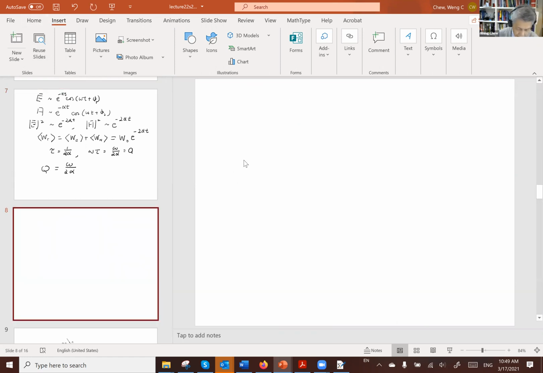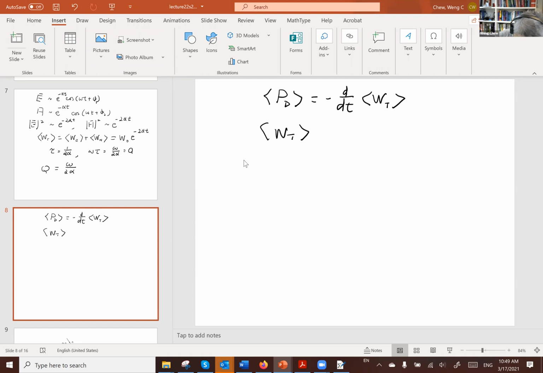You can also use an energy conservation argument to derive this kind of formula. By energy conservation, the time average power dissipated must be equal to the rate of change of the time average energy stored. But we just argued that WT is proportional to W0 e to the minus 2 alpha t.